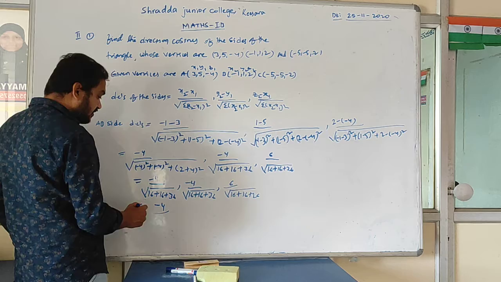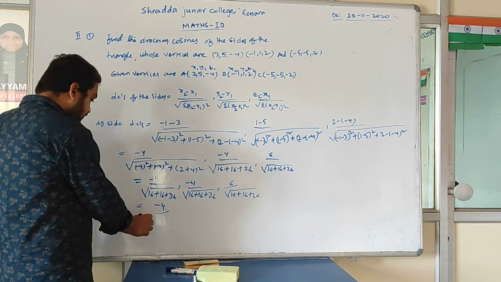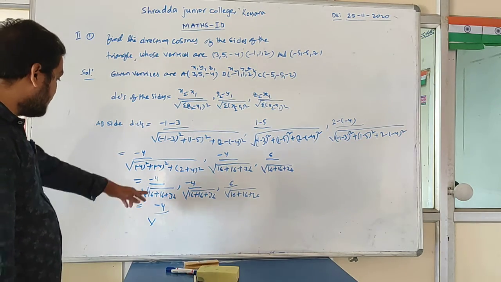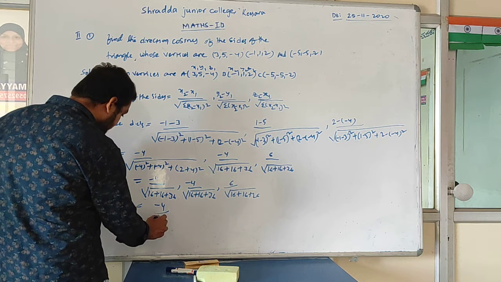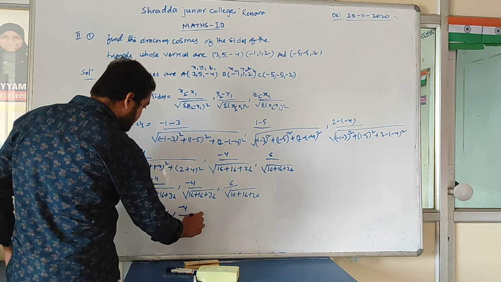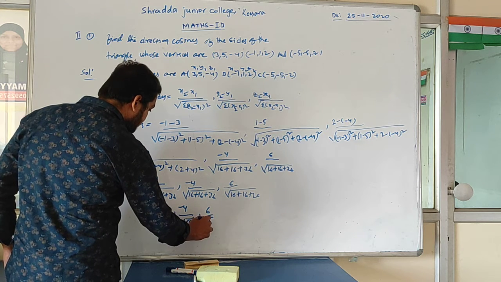This is equal to minus 4 by square root of 16 plus 16, which is 32, plus 36, which is 68. So minus 4 by root 68, minus 4 by root 68, and 6 by root 68.